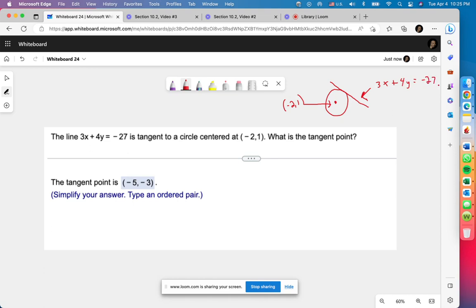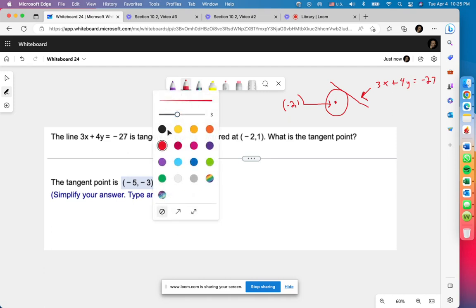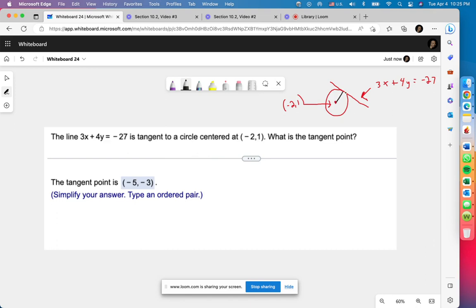Now you got to remember your algebra. I know that this line here is perpendicular, okay, because of what we talked about before. Well, they want to know what is the point of the tangent point. I need to know what's this ordered pair.